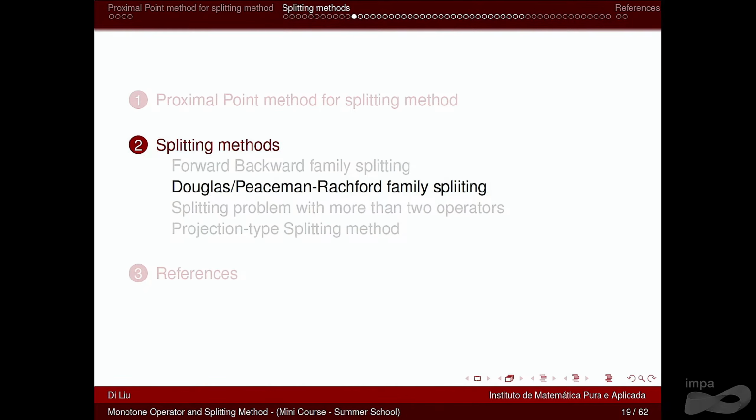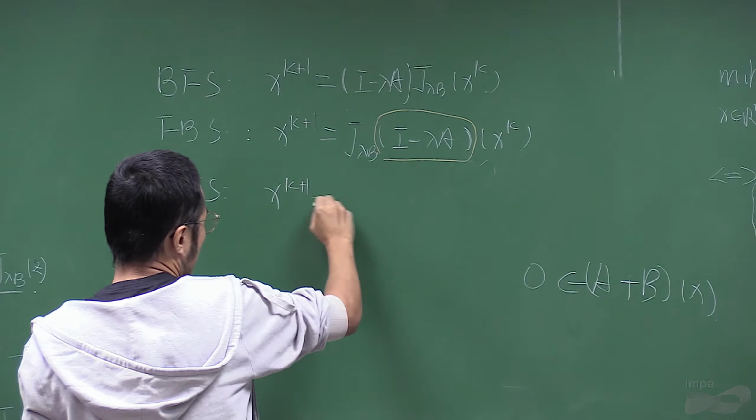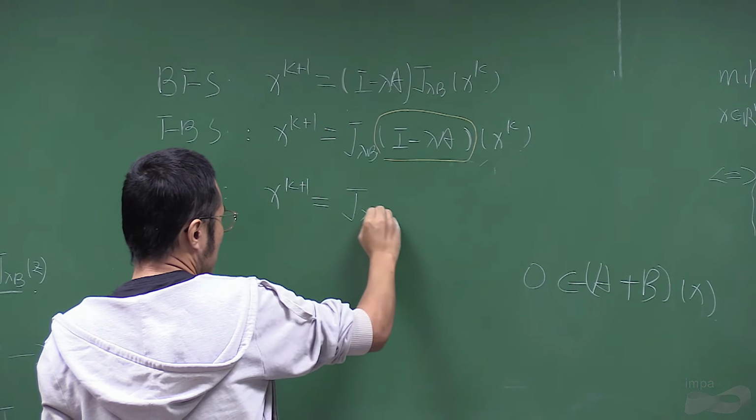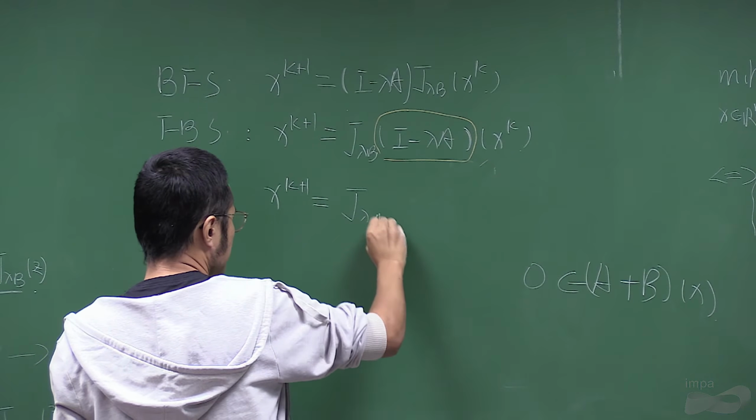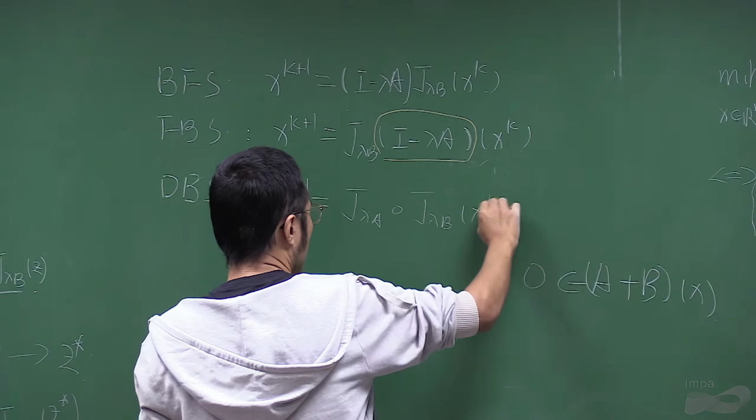Next, we will introduce the Douglas-Rachford family of splittings. I will write the double backward splitting here. It is x_{k+1} equals the resolvent of A composed with the resolvent of B applied to x_k.